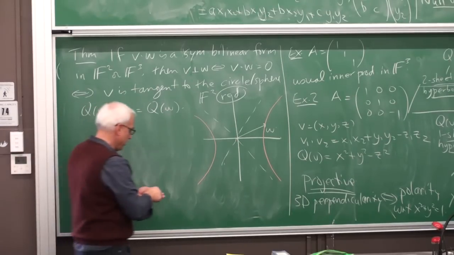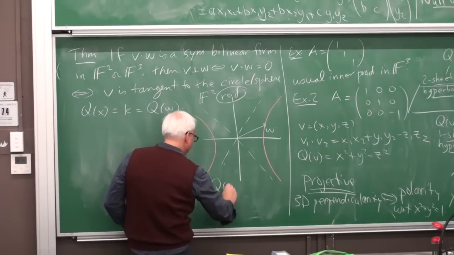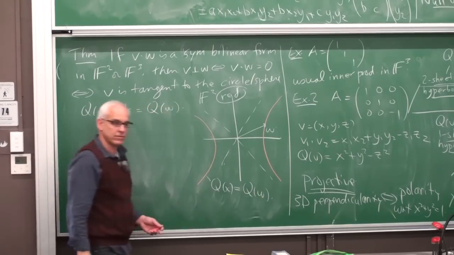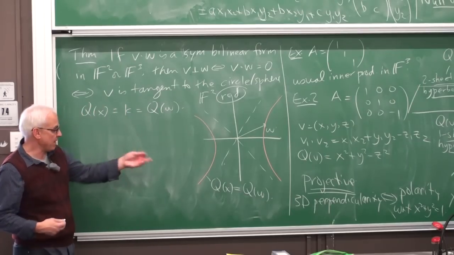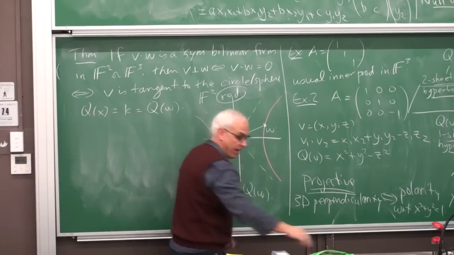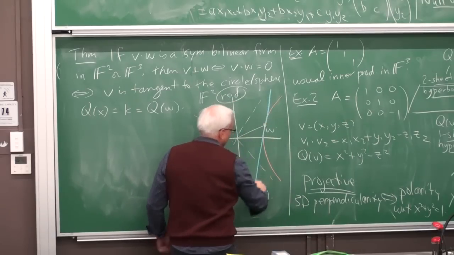So this is the equation quadrants of x is the same as the quadrants of W. All the things which have the same quadrants as W. Then at that point right here, we can draw a tangent plane, or in this case a tangent line.